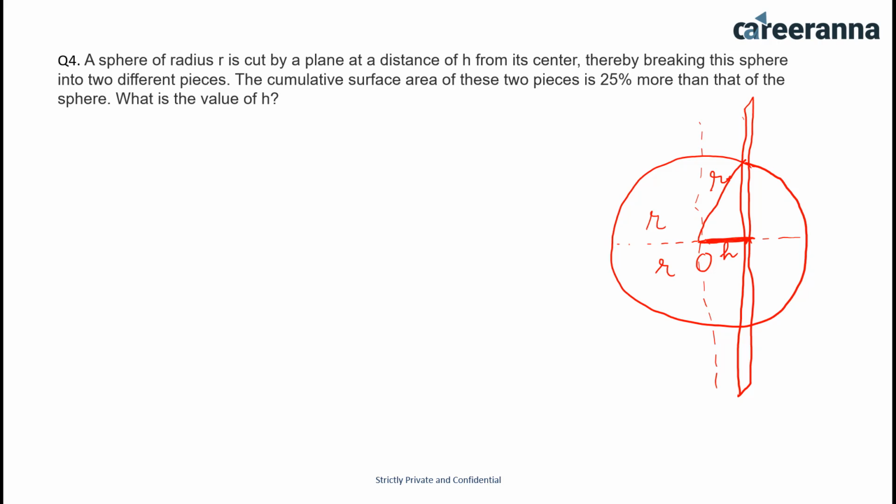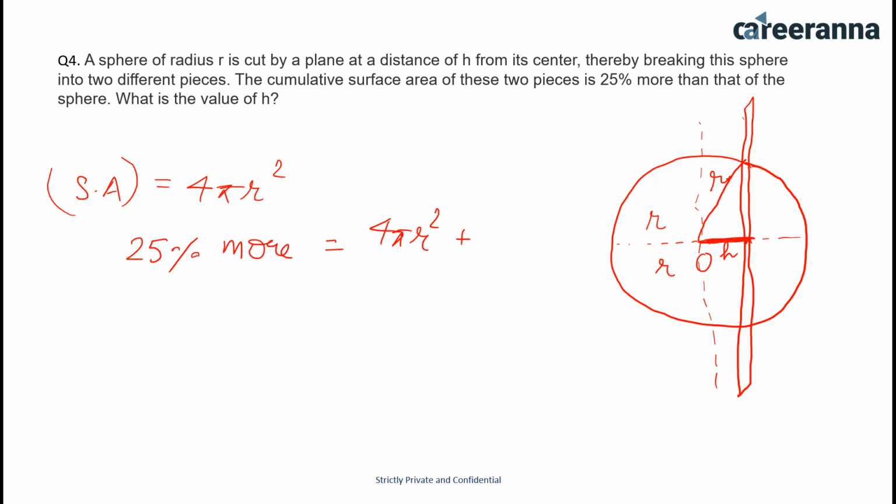Now the surface area of this sphere is given by 4 pi r square, and the cumulative surface area of the two pieces is 25% more than that of the sphere. So cumulative of these two pieces will be 4 pi r square plus 25 by 100 into 4 pi r square. This will become 5 pi r square.